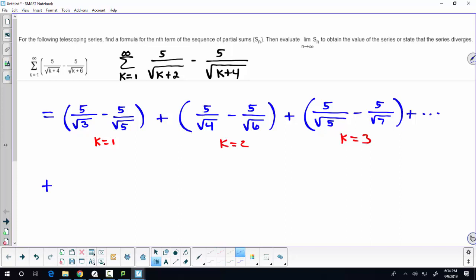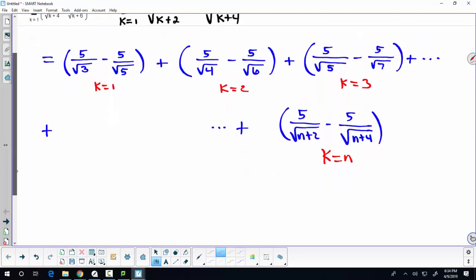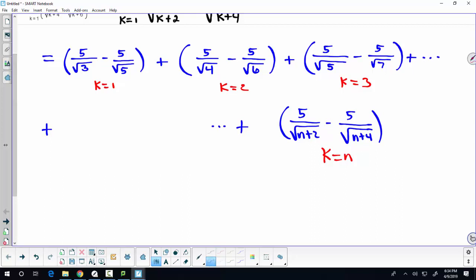I'm not sure how far we want to go here. Maybe that's enough. All right, so let's see what cancels with this. All right, so the 5 over root 5 cancels here.